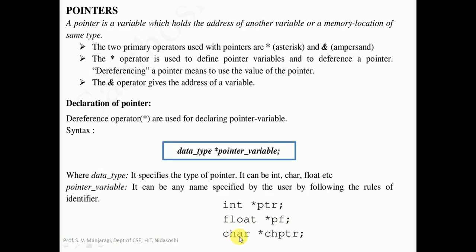The third example here is the data type is char and the pointer variable name is chptr. So again this star or asterisk makes chptr a pointer. So this pointer variable can hold or store address of a character typed variable.